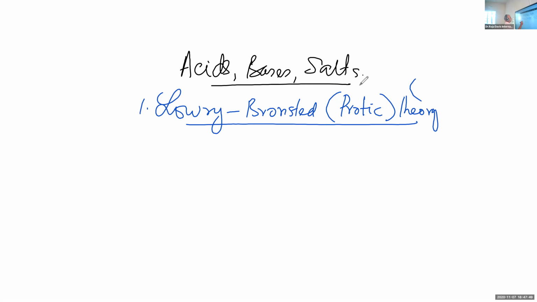Here, acids are proton donors. It is the same definition: proton donors, hydrogen ion donors, H plus ion donors. So they are acids. That is the Bronsted theory.